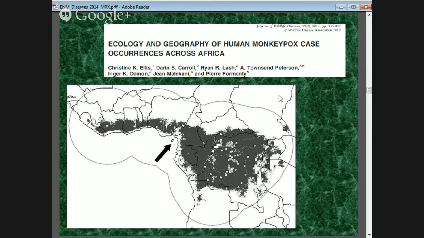This is a very good picture of where we could expect that monkeypox can be transmitted into humans.